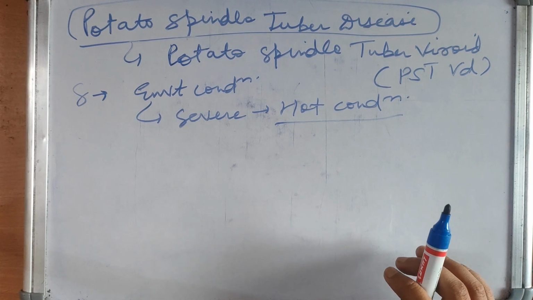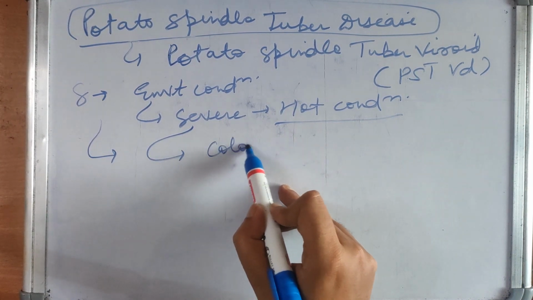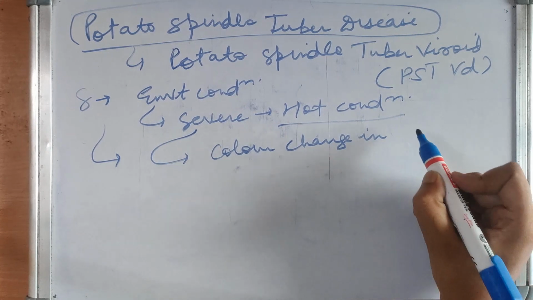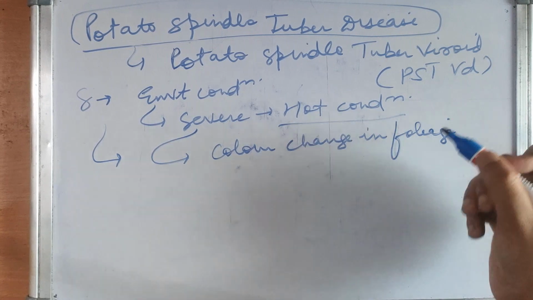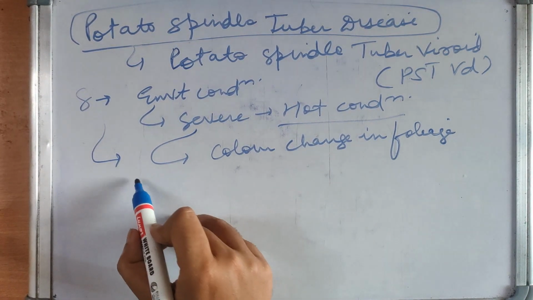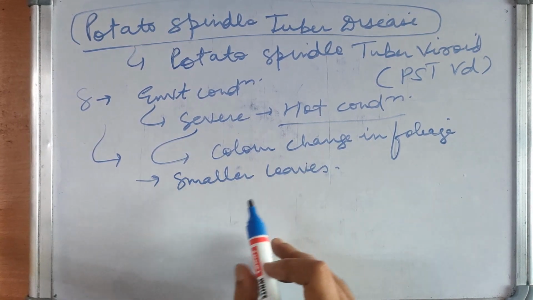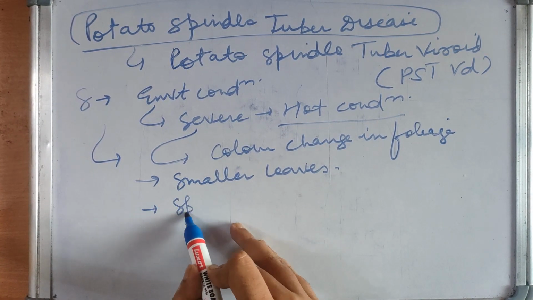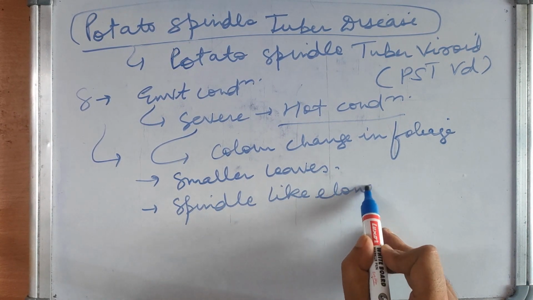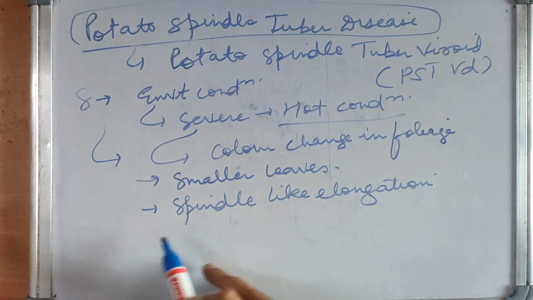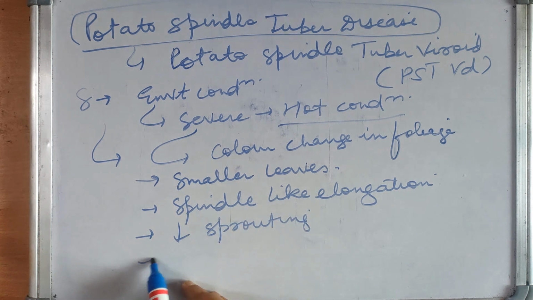The common symptoms of severe infestation are color change in foliage, smaller leaves, spindle-like elongation, slower sprouting, and necrosis.